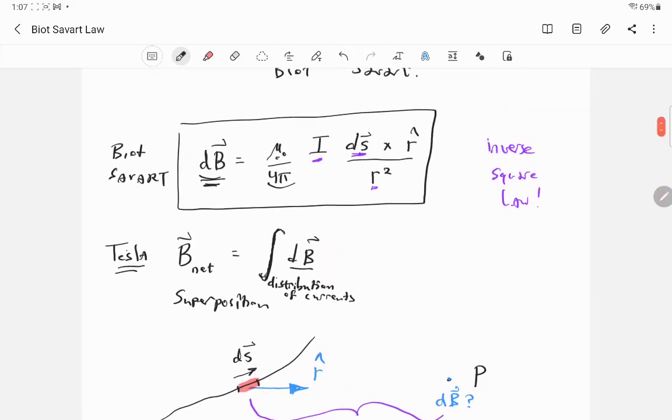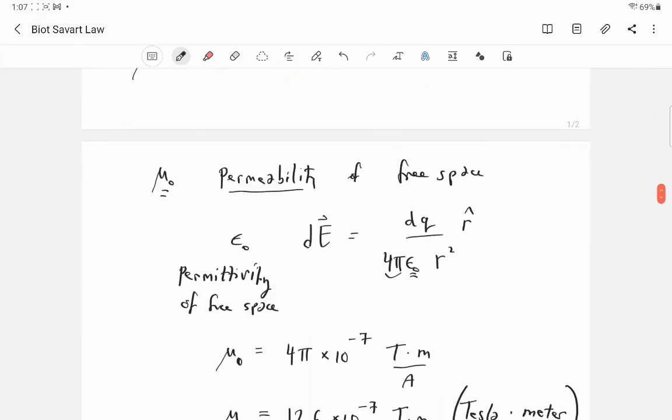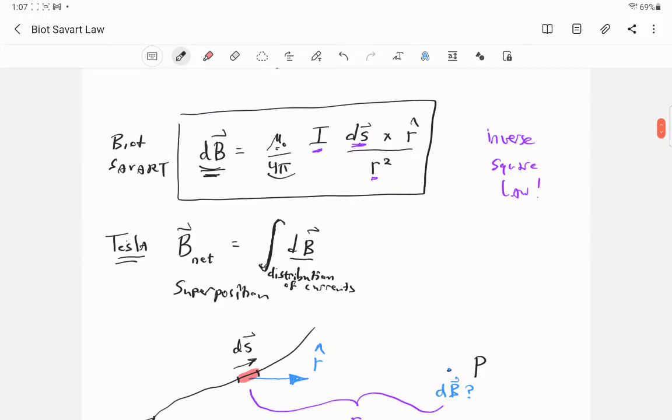All right, so this is an introduction to Biot Savart. You can see that there's a cross product, which means the right-hand rule is important. And I made a right-hand rule reminder video, so that you have no excuse, essentially, not to know how to use the right-hand rule.